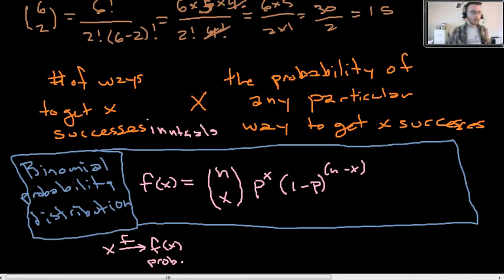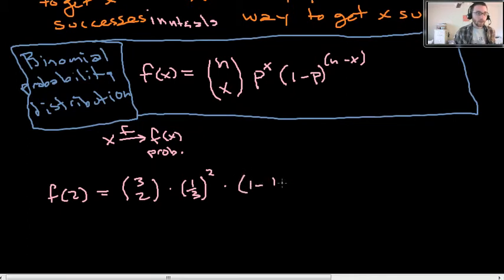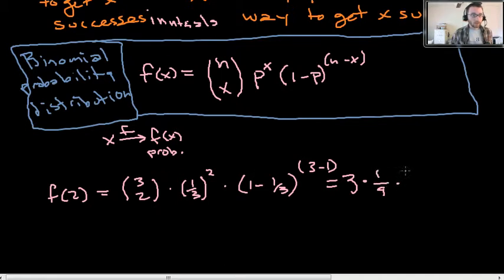It fits. So for the example we did above, we showed that the probability of getting 2 calls was 3 choose 2 times 1/3 to the second power times 1 minus 1/3 to the 3 minus 2 power, which equals, 3 choose 2 is 3, we did that earlier, times 1/9 times 2/3, which is 3 times 2/27ths, which is 6/27ths.